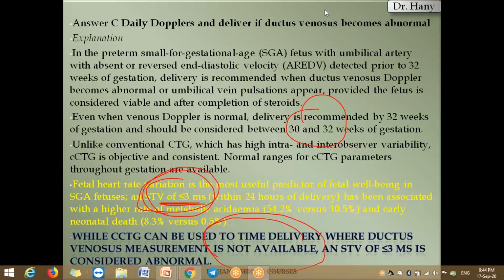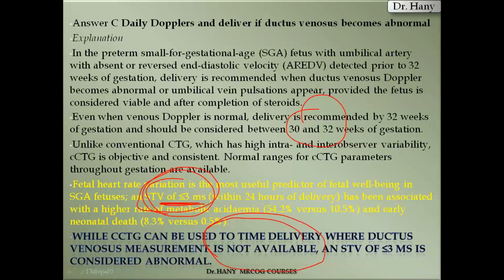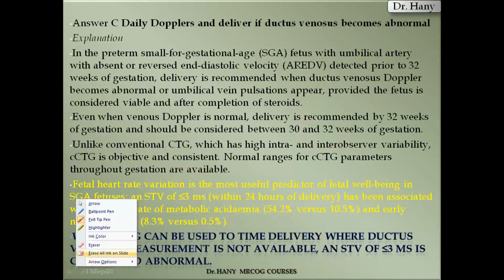So depend on the short-term variability, and it should be 3 or less to be considered abnormal and deliver the baby. This is an RCOG trick and RCOG practice and an exam question.